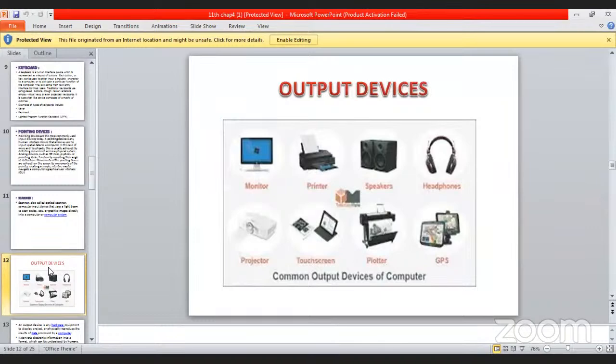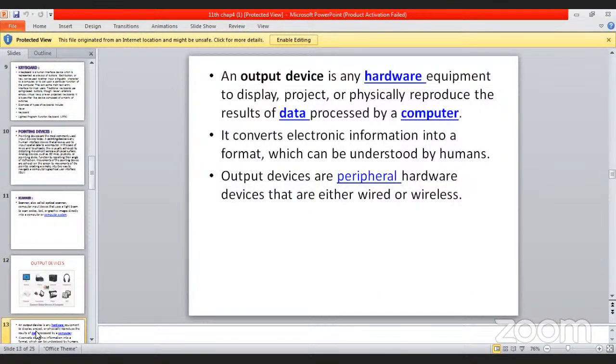First one is, what are output devices? An output device is any hardware equipment to display, project or physically reproduce the results of data produced by a computer, as well as it converts the electronic information into a format which can be understood by humans.